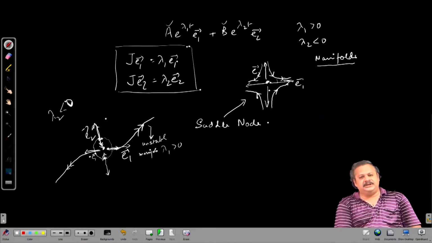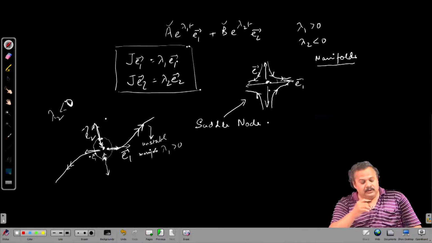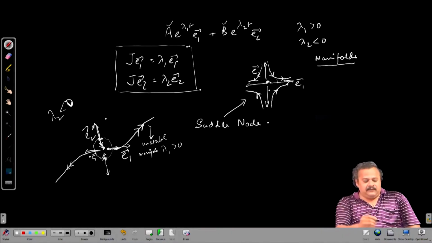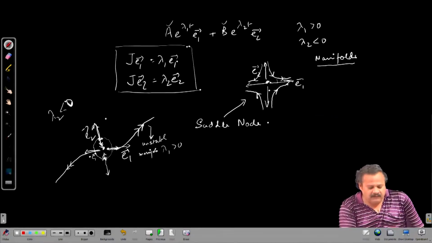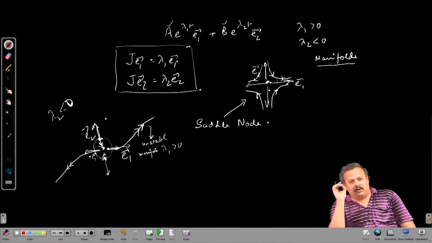So the question is that, somewhere around the saddle node, the range over which it is linear, if I start the system there, it will continue into the saddle node. And if I start anywhere outside of that E2, then it is not going to go into the saddle node anymore, because we will have a component along E1, and so it will diverge away.